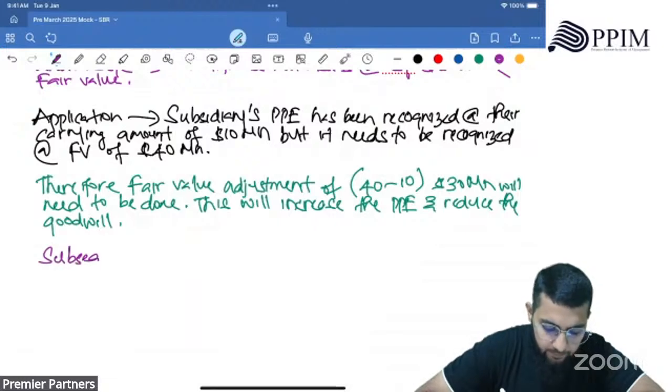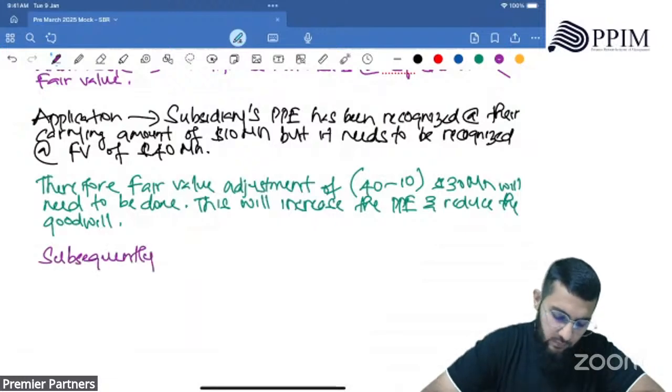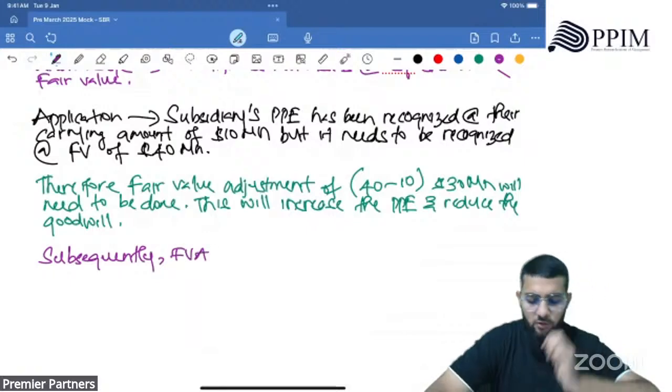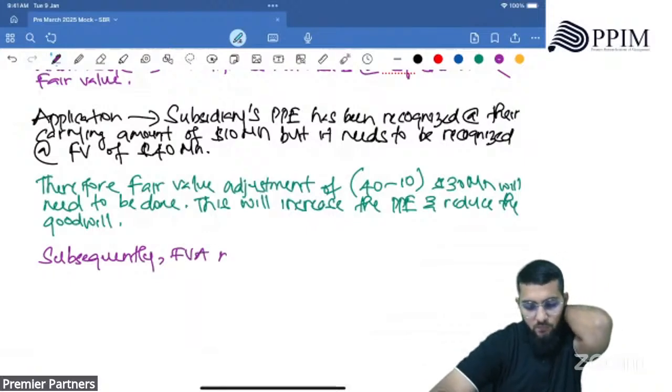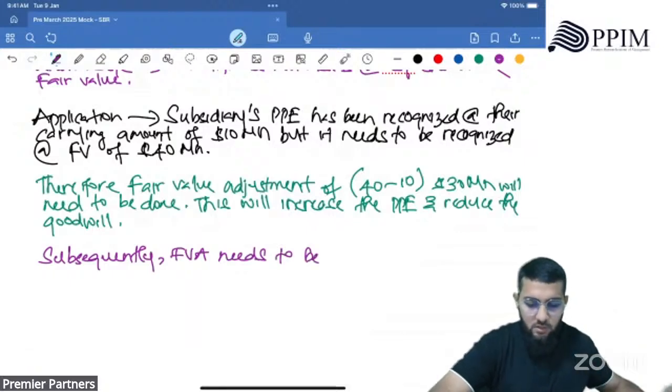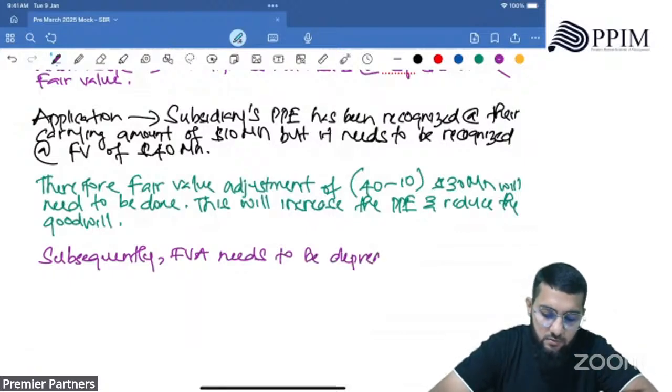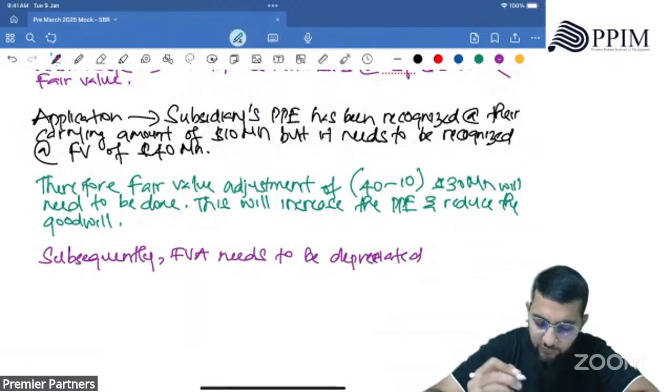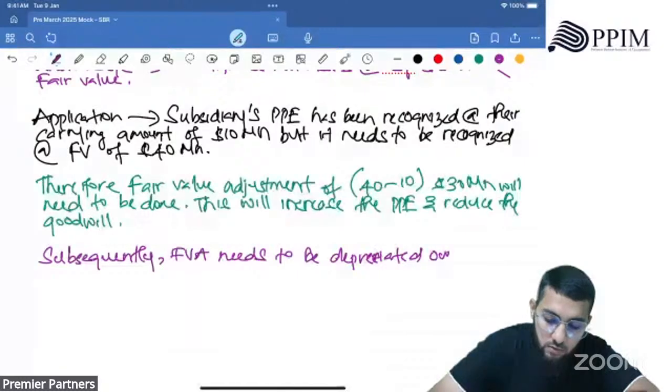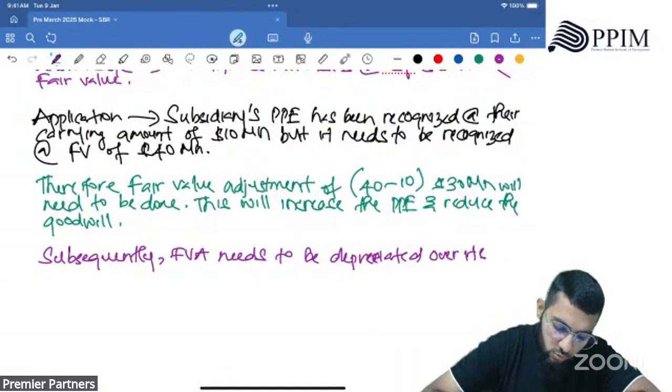Then subsequently, the fair value adjustment, or excess fair value, needs to be depreciated over its remaining useful life.